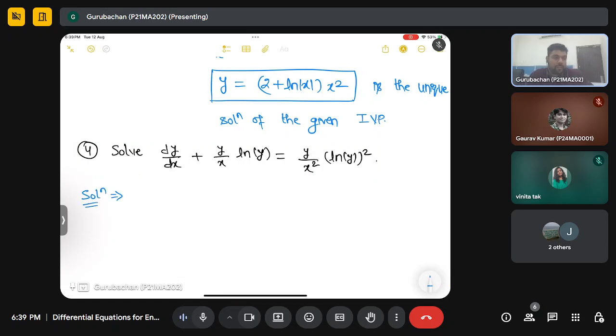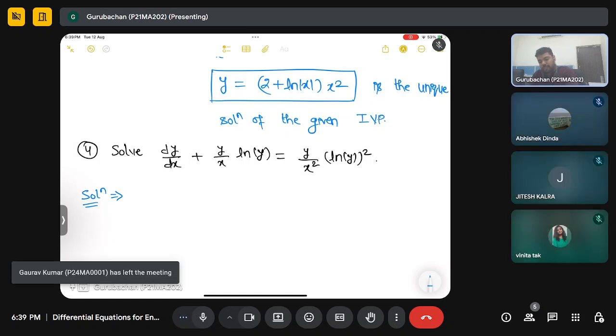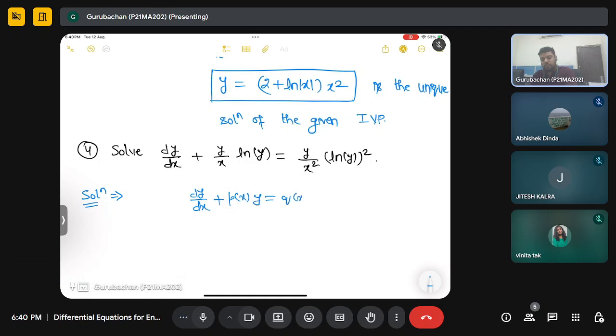We need to convert this Bernoulli equation into the standard linear ordinary differential equation. For that, we will rewrite this. If you observe the standard form, dy by dx plus P(x) y equal to Q(x), it is itself giving you the hint that the right hand side must be free of the variable y.